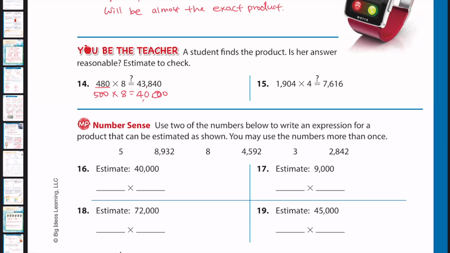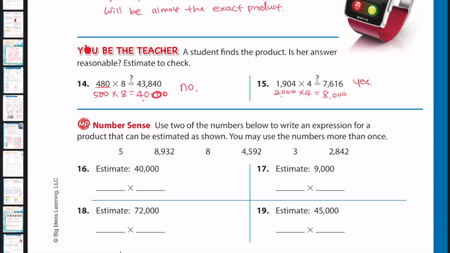I was seeing this in here, so I thought it's closer, but this is not even close. So the answer is no. What about this one? We can round this number to 2000 times 4, which is 8 and 3 more zeros. Oh yeah, very close, right? 7,616 and 8,000, right? It's very close.